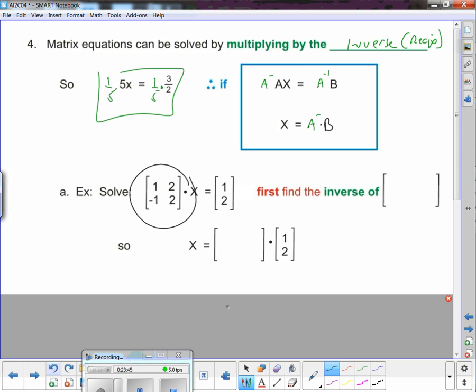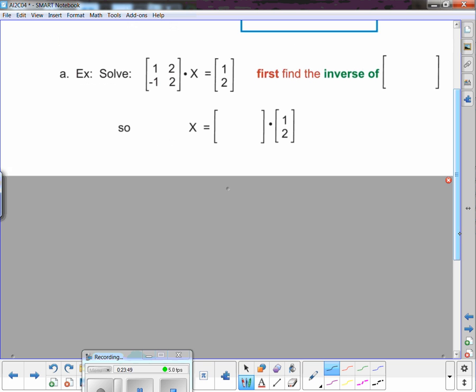So if we're going to solve this thing, we need to first find its inverse. And so then shortcut, what's going to end up happening is the inverse will be right here, and we'll be able to solve the equation. So that's what we're after. And I'll save that one for Monday. All right, that's it for today.